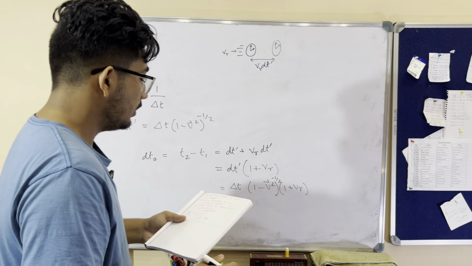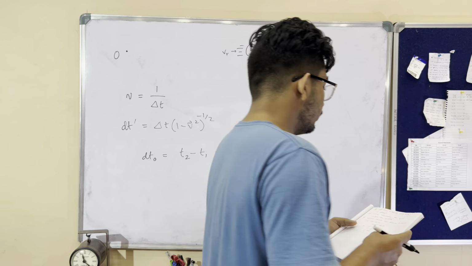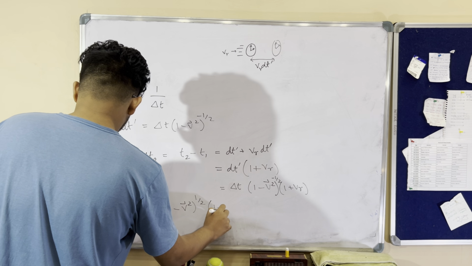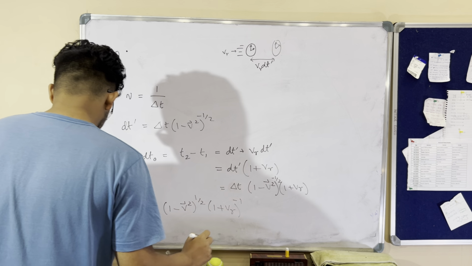So, if the light source is moving away, then we will see a red shift. And why is it called red shift? Because if we find out the frequency, mu naught divided by mu will be exactly equal to 1 minus V square to the power half into 1 plus Vr to the power minus 1.